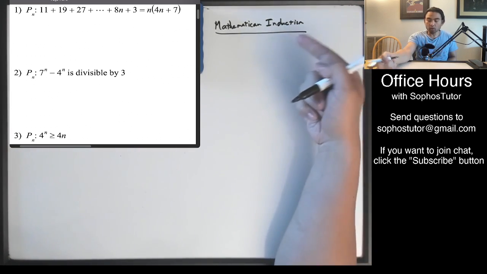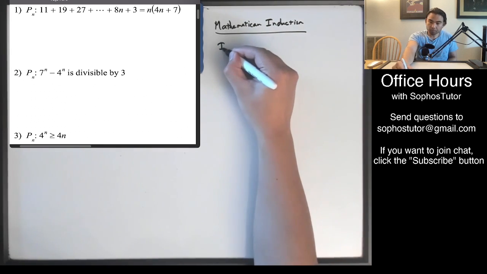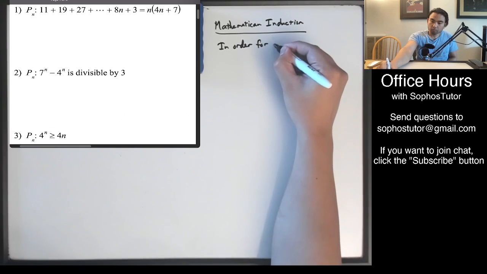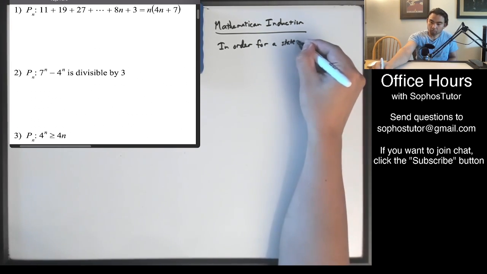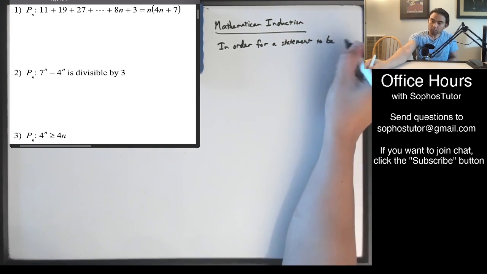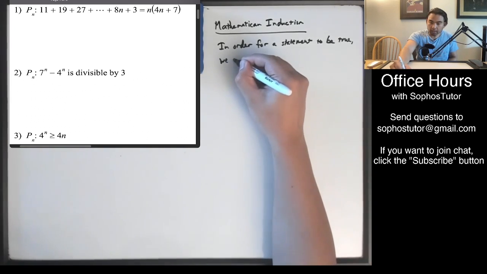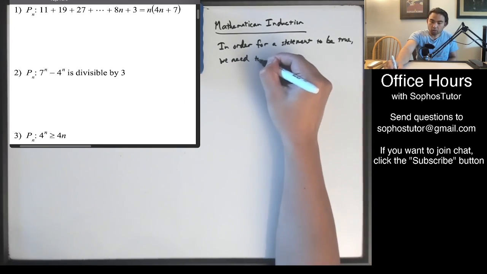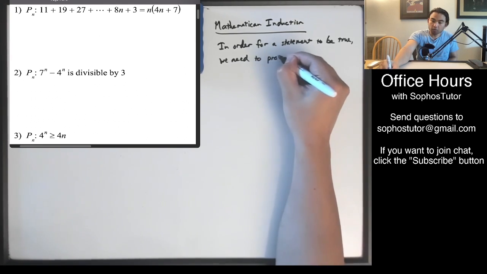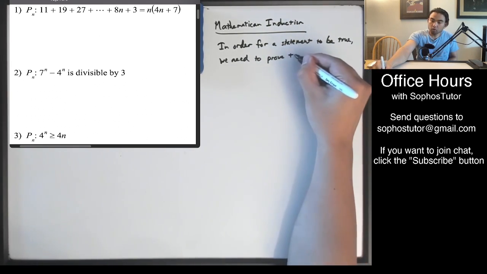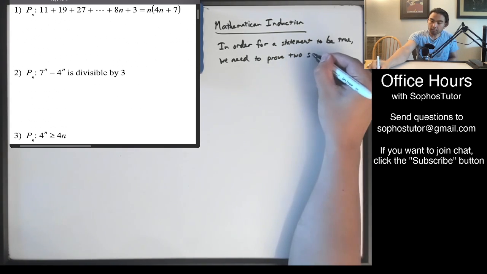In order for a statement to be true, we need to prove two scenarios.